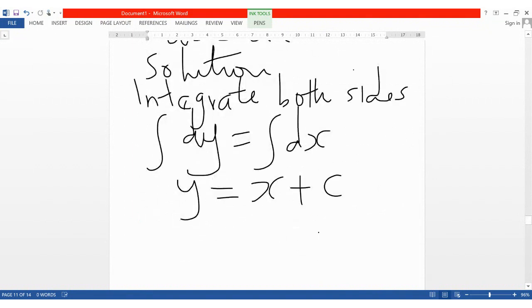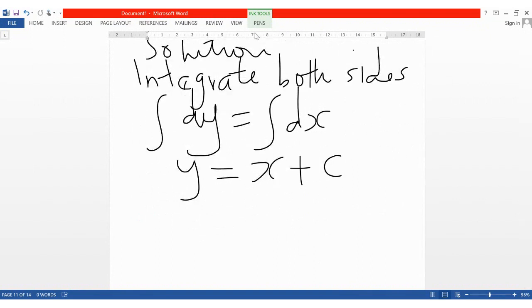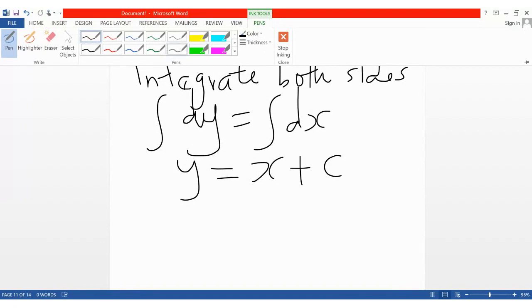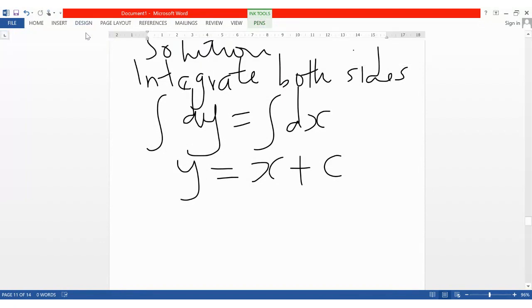We only add it on one side, and most books add the constant of integration on the right hand side. That is the normal norm. When you integrate y, you'll get y plus c, and here you get x plus c.